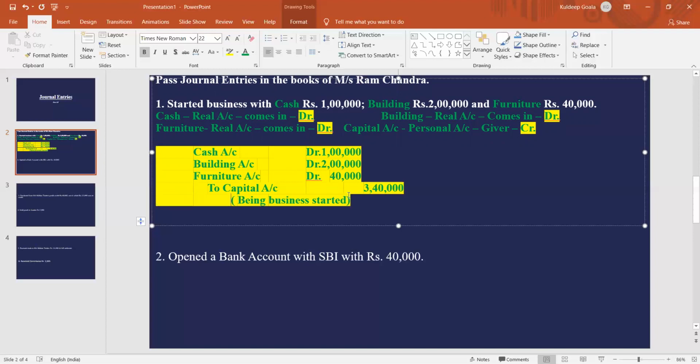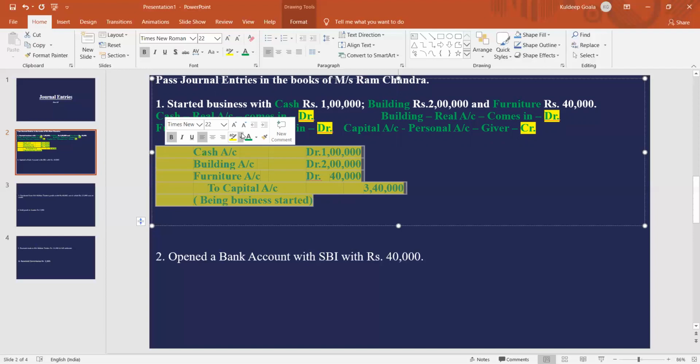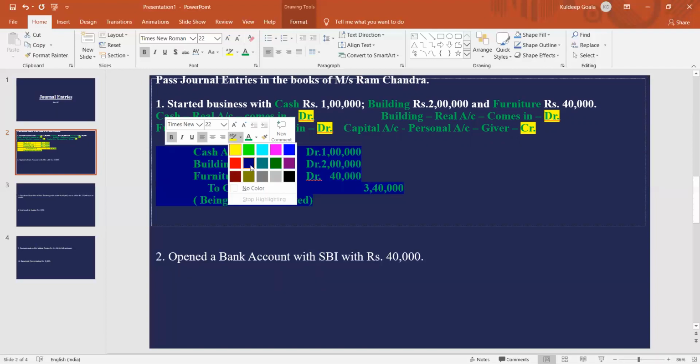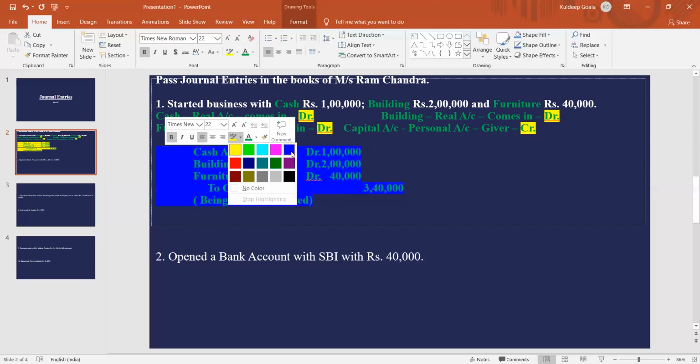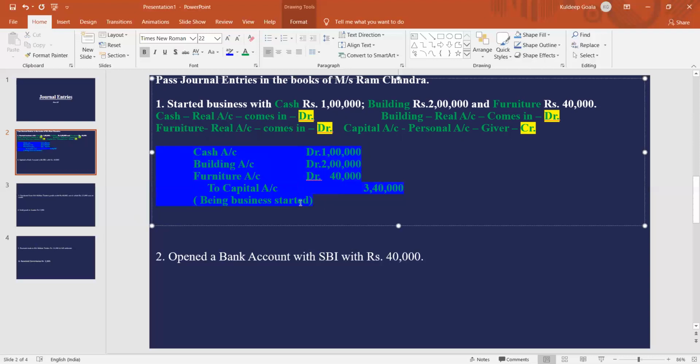Likewise you can add it up so that it will reflect in a nicer way. That's not an issue. You can do as you like. That is totally your choice. So this is how your transaction will appear.